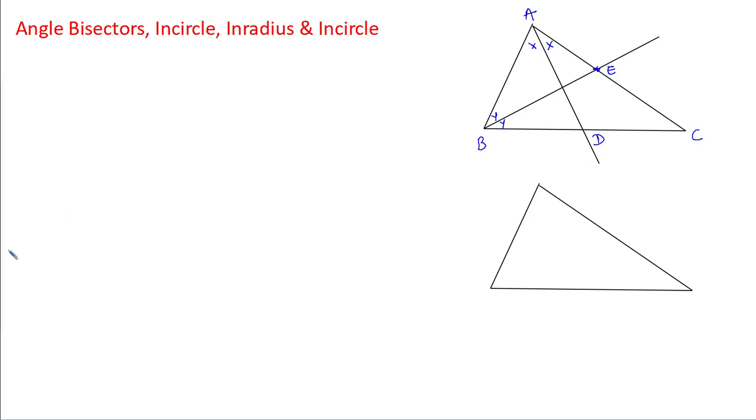And over here the property is all 3 angle bisectors pass through the same point.